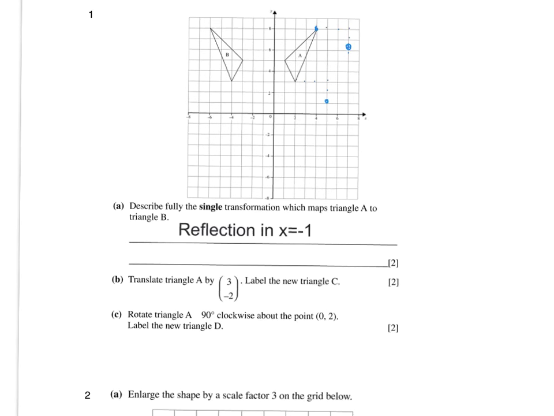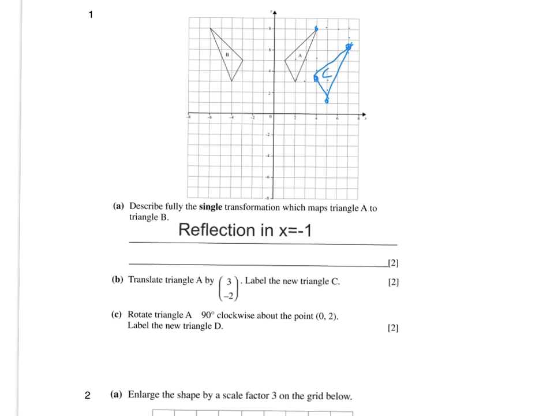And then for this corner, 3 squares to the right and 2 squares down. That now gives us the outline of our shape, and we simply connect it up. Always make sure to label the triangle as they have asked you.